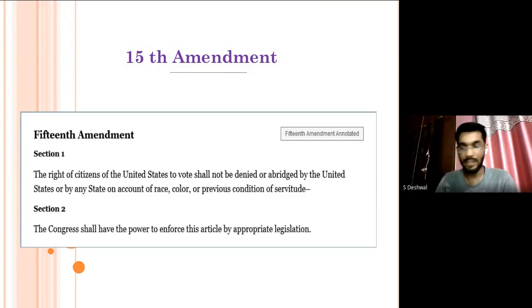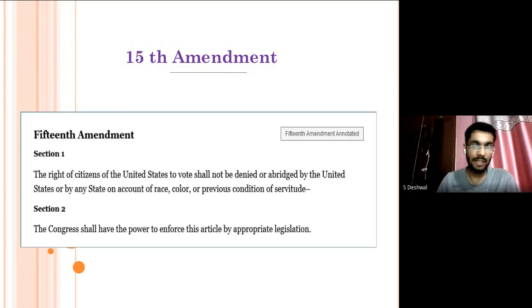We are going with this 15th Amendment. What it says: the right of citizens of the United States to vote shall not be denied or abridged by the United States or by any state on account of race, color, or previous condition of servitude. That means slavery, right?